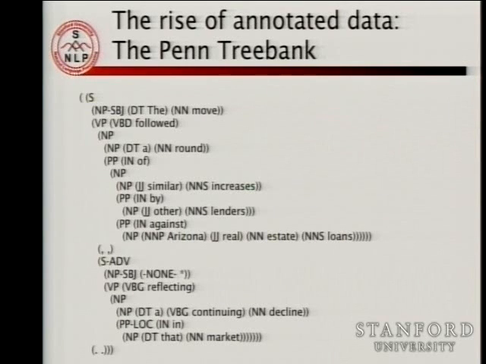If you look at the history of statistical methods in parsing, in the late 80s and early 90s there was already an intense interest in using probabilistic and machine learning methods for NLP, and people started to do some work looking at unsupervised methods of learning parsers. But the problem is that those methods just didn't work very well.